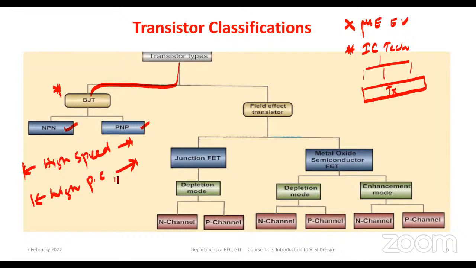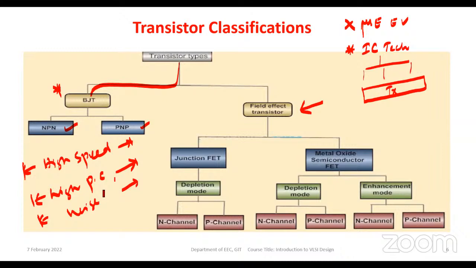Therefore, in order to avoid this high power consumption, we have moved to field effect transistors. One more thing is noise. Noise is very high for bipolar junction transistors because majority carrier transportation is observed; the current carriers are majority carriers.